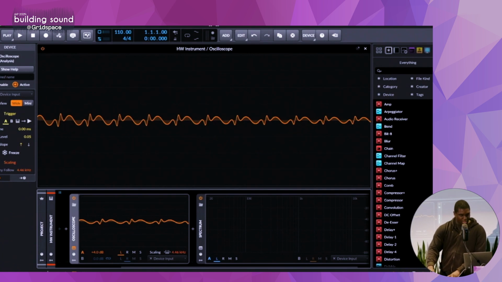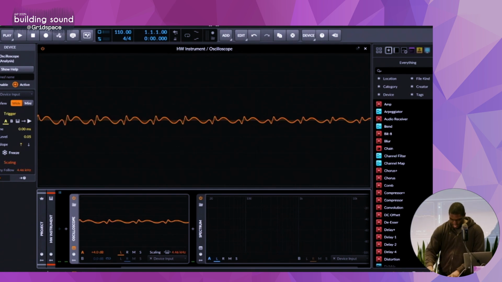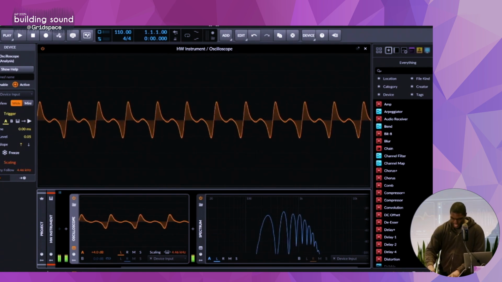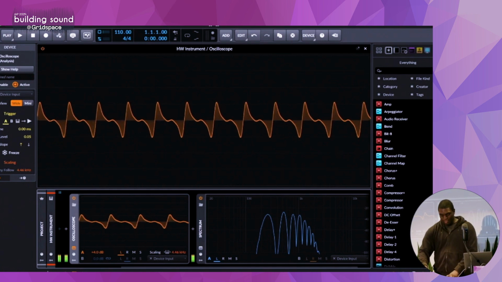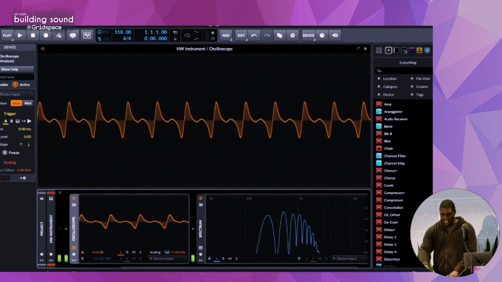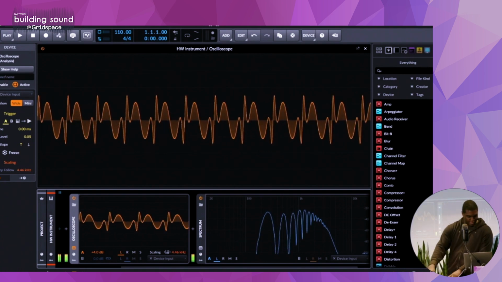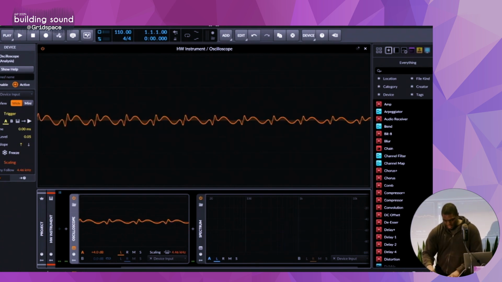So we can actually directly hear what was modulating our modulator here, just a sine. And here we go, back.